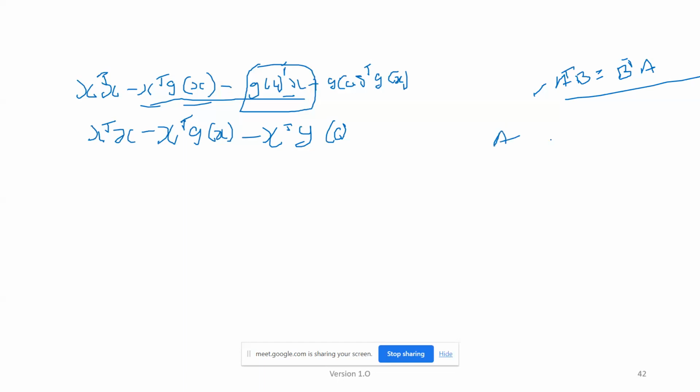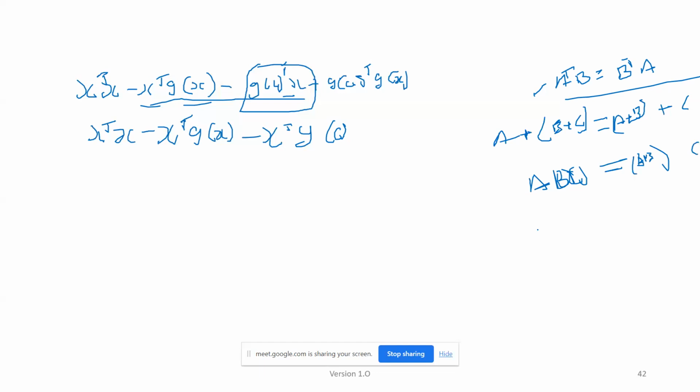A plus B plus C equal to, we can write A plus B plus C. This is possible. Okay. And A of BC equal to AB of C. This is also possible.